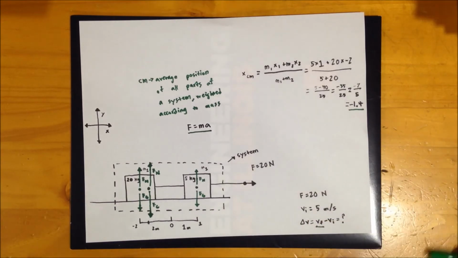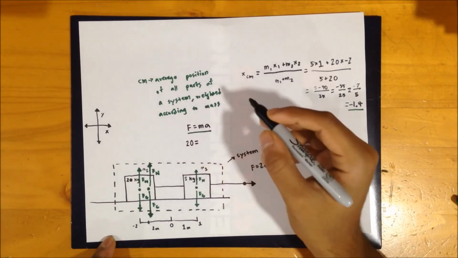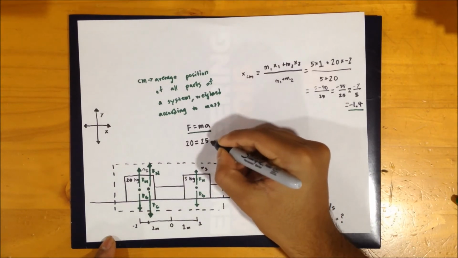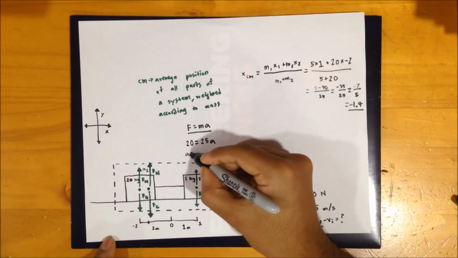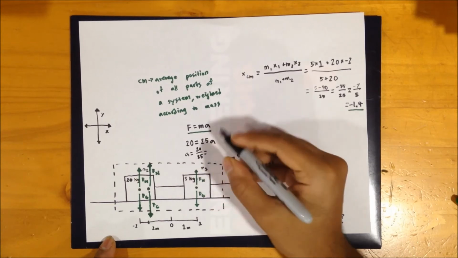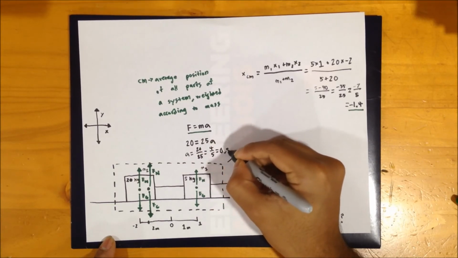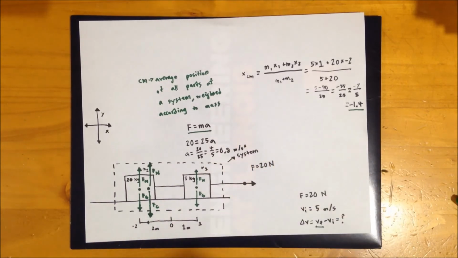We know that the force is 20 newtons, and the total mass is 25, as it's 5 kilograms plus 20 kilograms, multiplied by the acceleration. Therefore, the acceleration is equal to 20 over 25, or 4 over 5, or 0.8 meters per second squared.